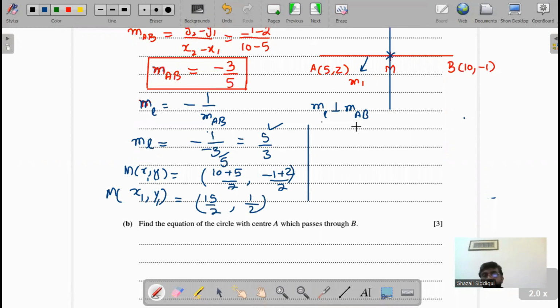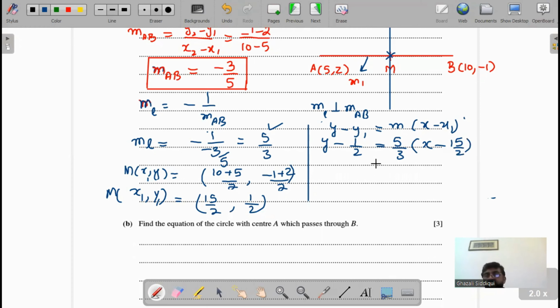Now the equation of line L, which is perpendicular to AB, is y - y1 = m(x - x1). Here x1 is 15/2, y1 is 1/2, and m is 5/3. So y - 1/2 equals 5/3 times (x - 15/2).